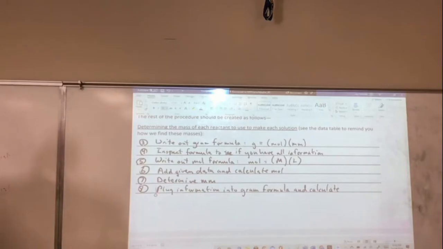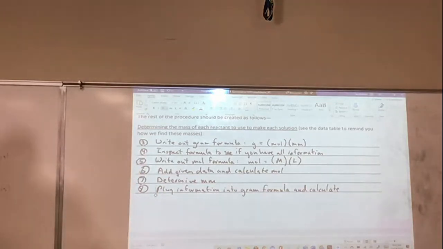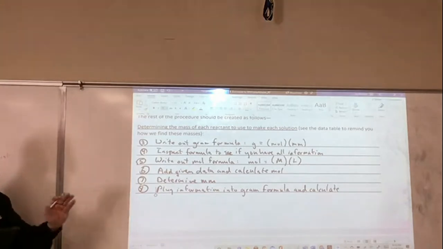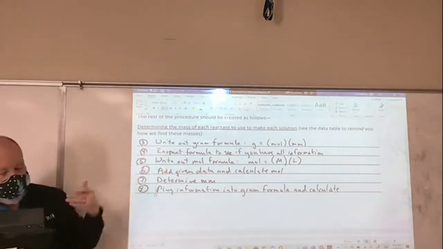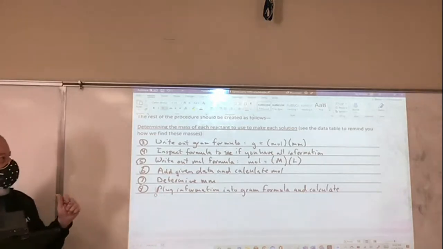Yeah. Do you still want the groups to have the official procedure on the white piece of paper? So, no, not on a white piece of paper. Good question. So, yeah, on the packet. This has evolved, obviously, over the course of the last couple of weeks as to how I wanted to do this. And I want to make it so that the course is a little bit more lab-based rather than just constantly lecturing.